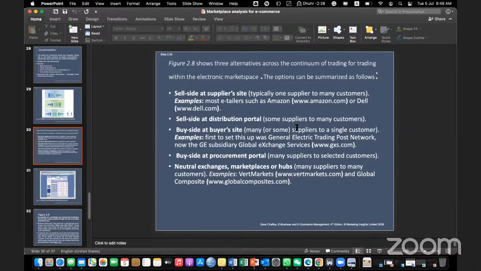As you know, General Electric is a very big company, and it is working almost around the globe. Buy side at procurement portal, many suppliers to selected customers. Then neutral exchanges, marketplaces or hubs, many suppliers to many customers. Example, World Markets and Global Composite.